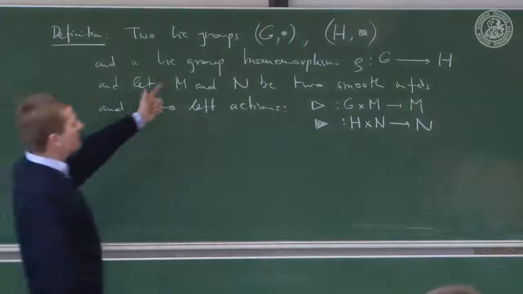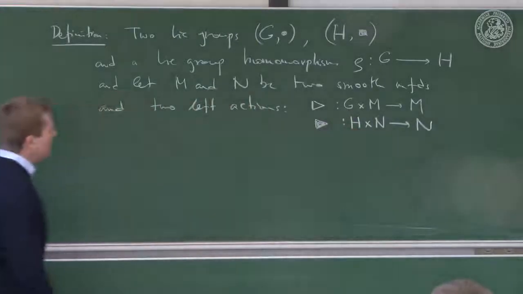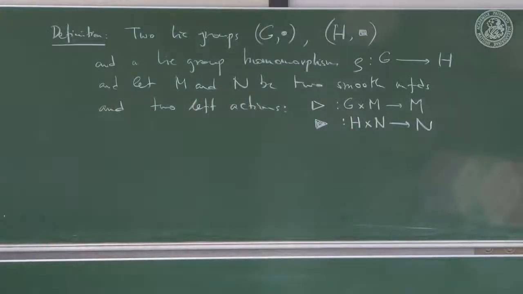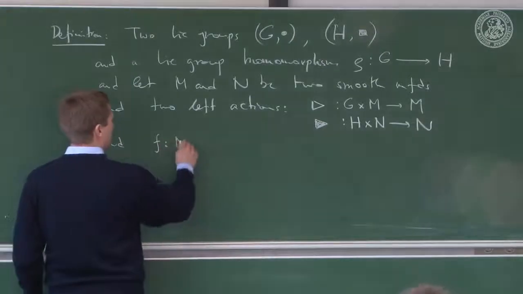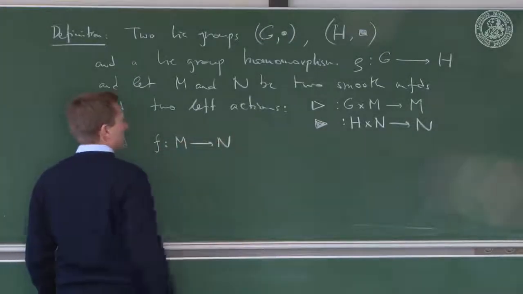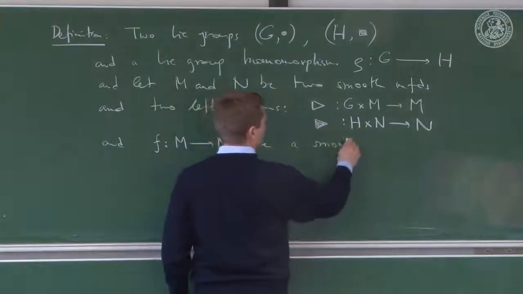Between the Lie groups you have a Lie group homomorphism, and you have these two manifolds, and let F from M to N be a smooth map.